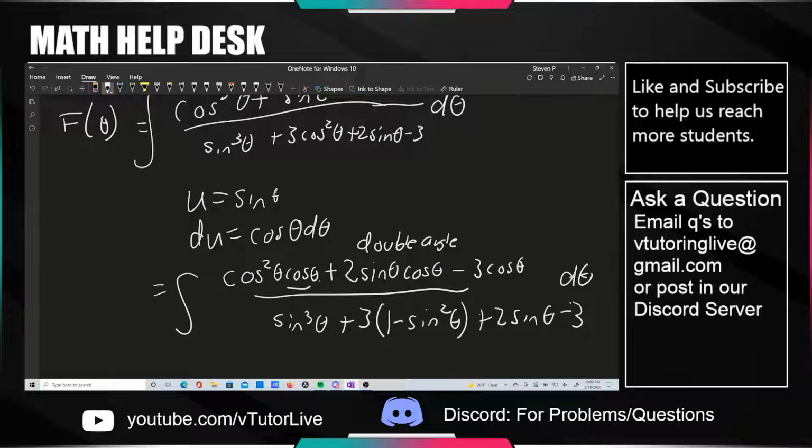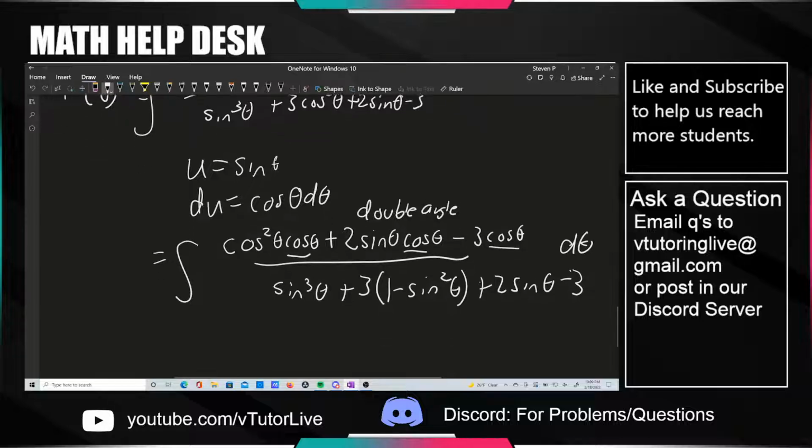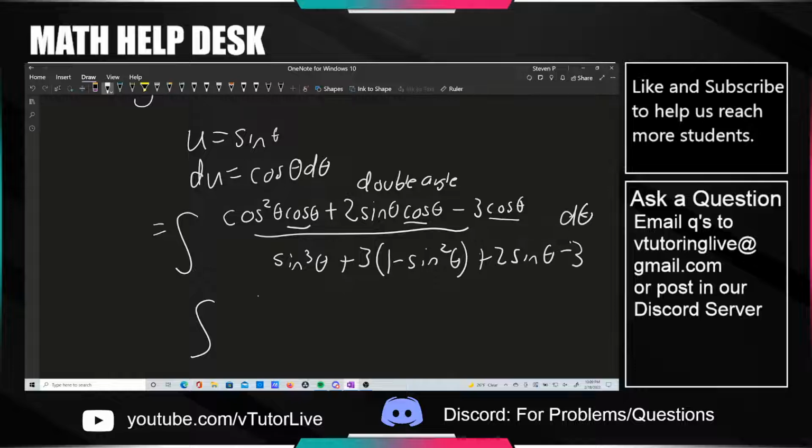And you notice that there's a factor of cosine in each of these terms. So that turns into cosine theta d theta. And now this little cosine squared theta can also be represented with an identity. It's 1 minus sine squared theta. We used it just earlier, but now we're going to use it again. So this is plus 2 sine theta minus 3. So that's the numerator.